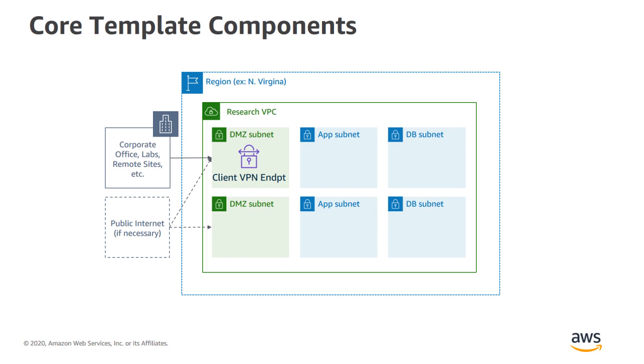If you're not familiar with regions and availability zones within AWS, a region is a geographic area like North Virginia. An availability zone is a distinct physical data center within that region.